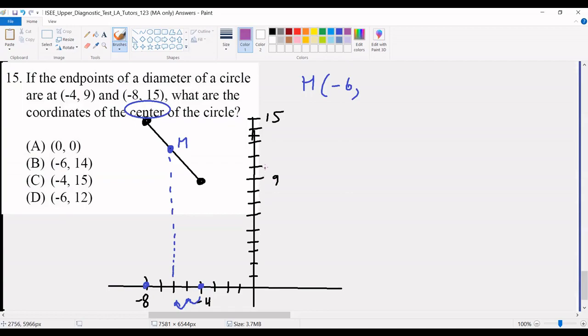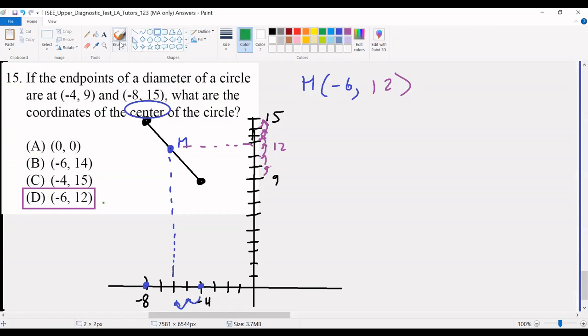We count up by 1, 2, 3, 4, 5, 6. So between 15 and 9, we really want about 3 units up. So that means 10, 11, 12. The midpoint for our y value would be 12. So we have -6, 12, and it looks like it should be part D.